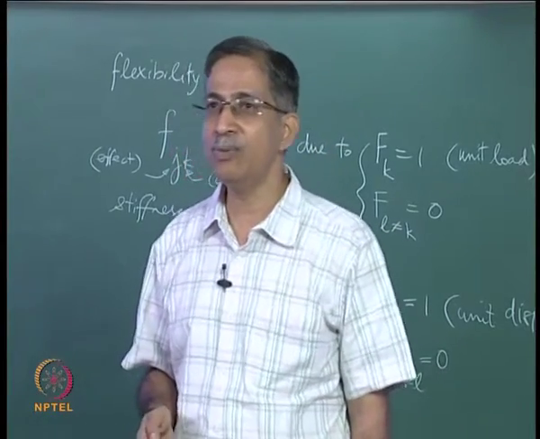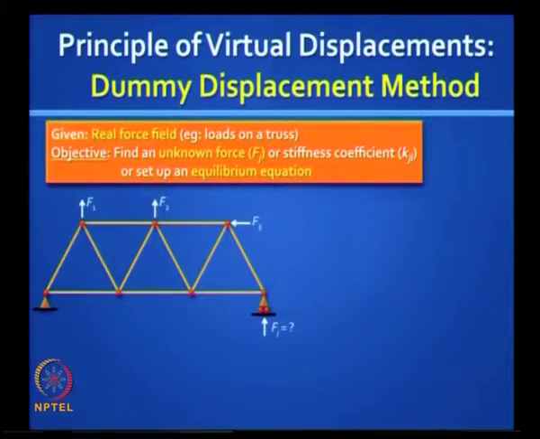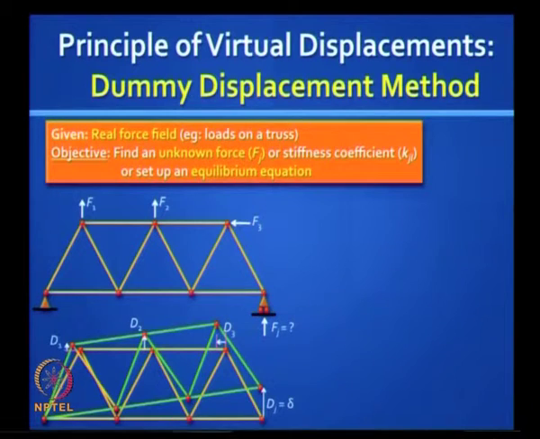So here let us say you want to find an unknown force, or you want to find a stiffness coefficient. Let us say you want to find Fj, you want to find the support reaction in this truss when it is subject to this kind of loading. What you do is you give it a dummy displacement dj equal to delta. It will rotate about the left support.